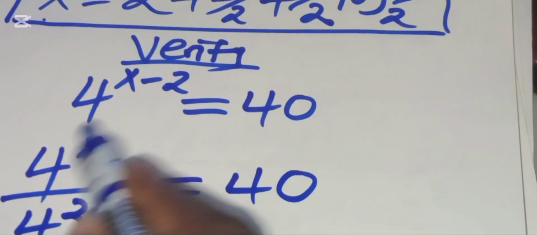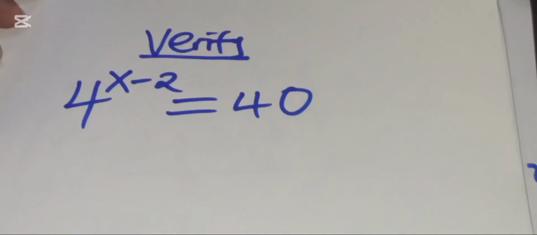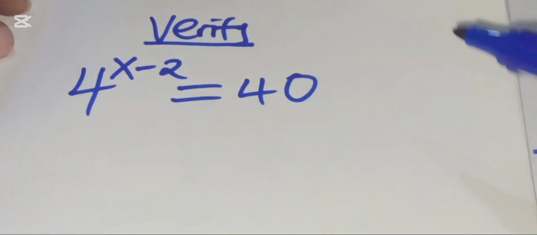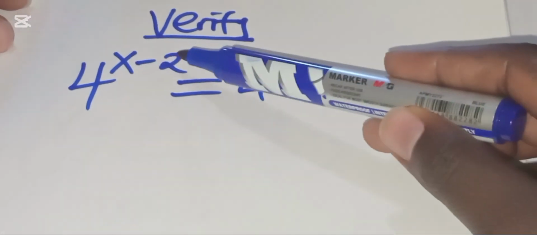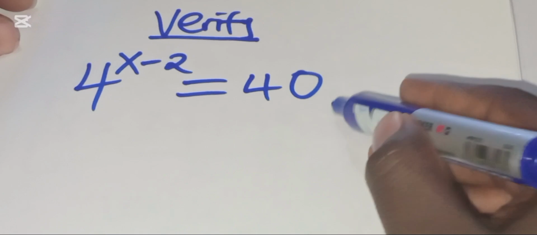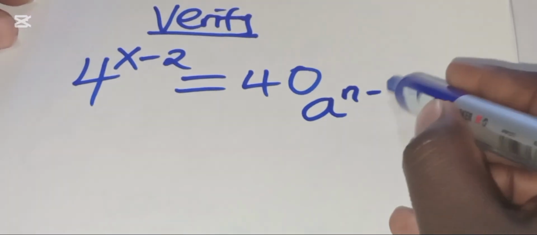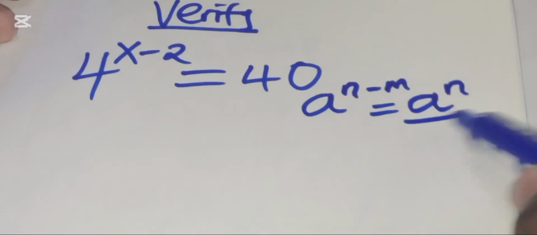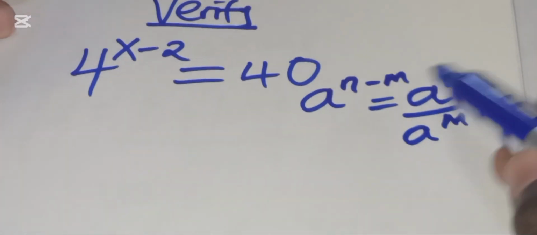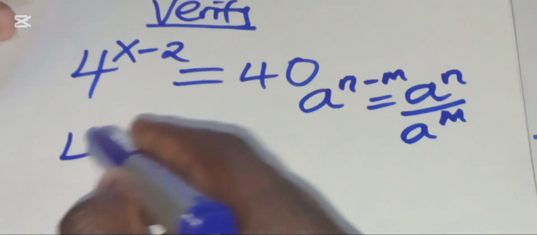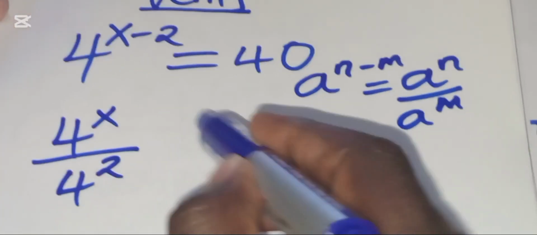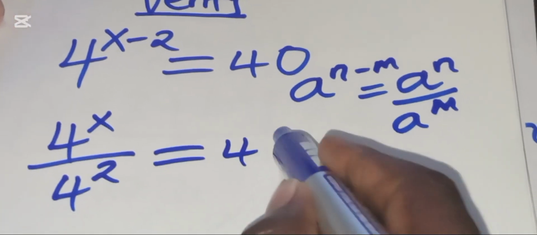Now, let's verify that 4 to power x minus 2 is equal to 40. 4 to power x subtract 2 is in the form a to power n subtract 2, which can be expressed as a to power n divided by a to power m. So this is the same thing as 4 to power x divided by 4 to power 2. This should give us a value of 40.